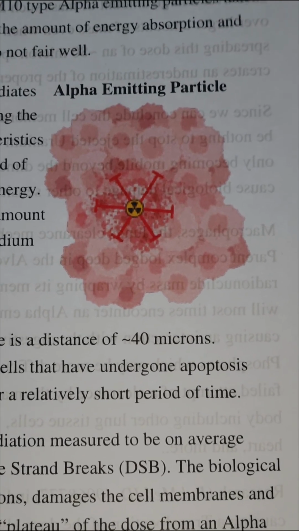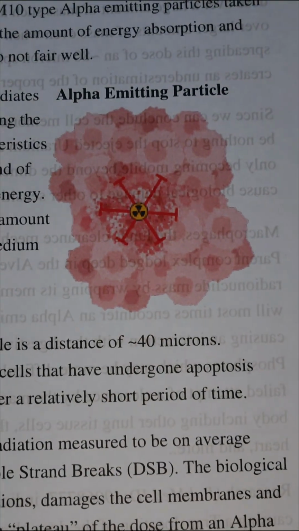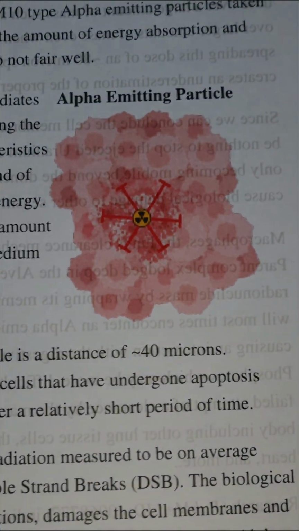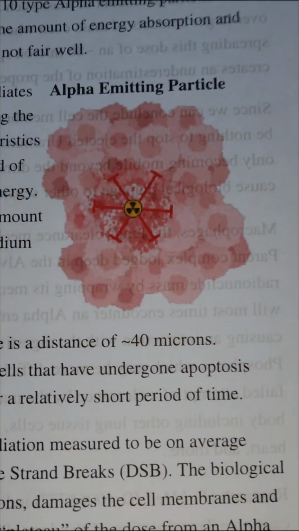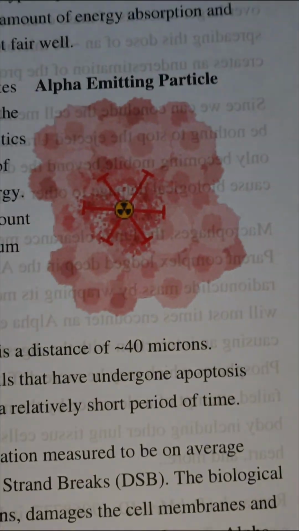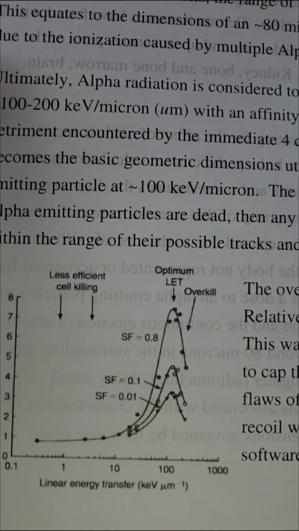So they say once the cells are dead around this particle, the alpha particles can no longer cause harm because they don't have the range to get to the other healthy cells. So the dose quickly plateaus and drops off, right? That's what they tell us.